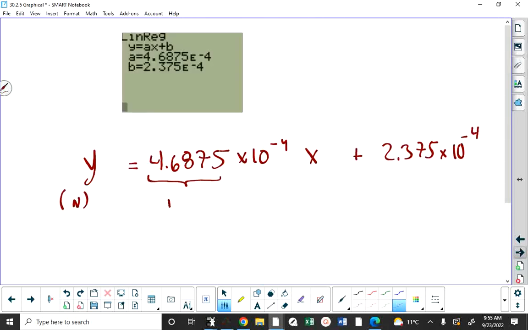So this is in newton meters squared, the whole thing times 10 to the negative 4. This is x, and it has units of 1 over meters squared. That certainly explains why when you multiply these two things, you'll get newtons. And this is newtons as well.